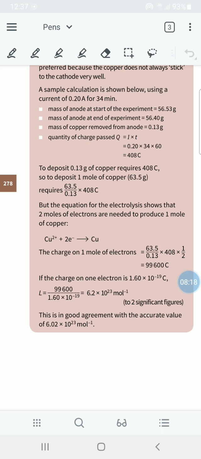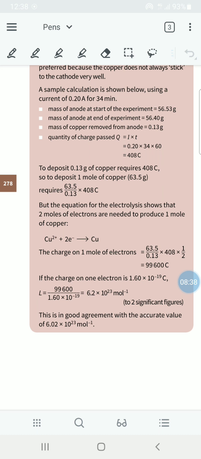So then, because in this experimentation we are talking about 2 moles of electrons, we have to take half of that to find out the charge on 1 mole of electrons, right? So then we have to divide it by 2 or multiply by half.